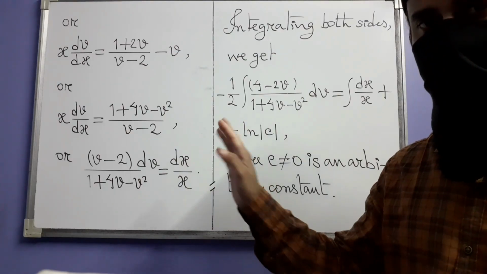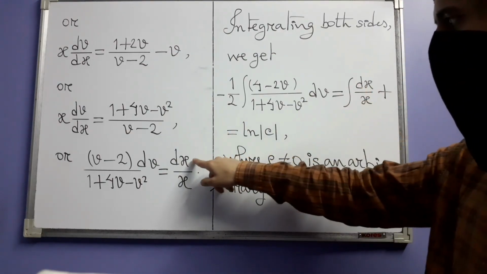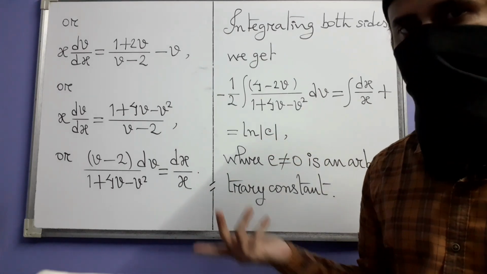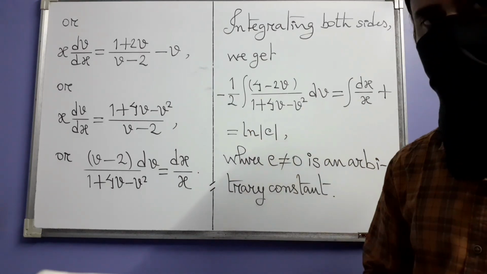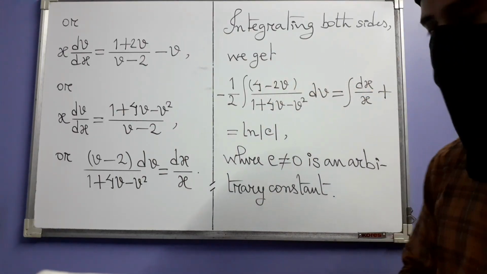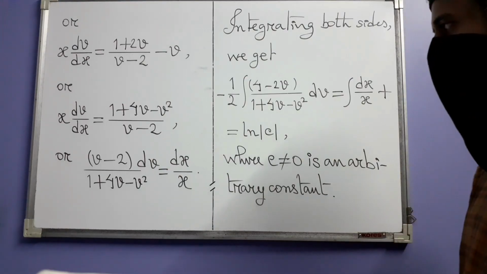So now you can just instantly write the integral. And on the other side, of course, you have the integral of this plus ln of mod c. You already know why we have chosen to write ln here, because natural logarithm will be present in these integrals, and c is a non-zero arbitrary constant.